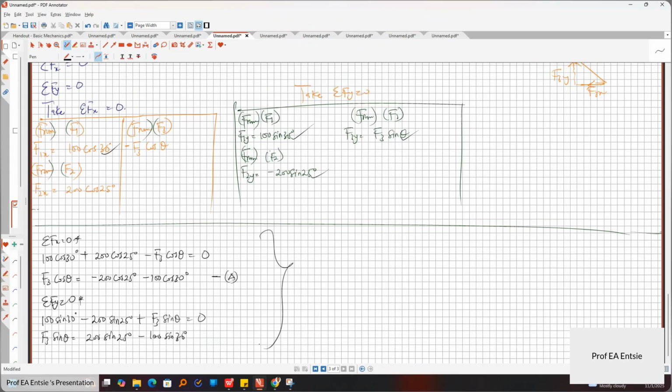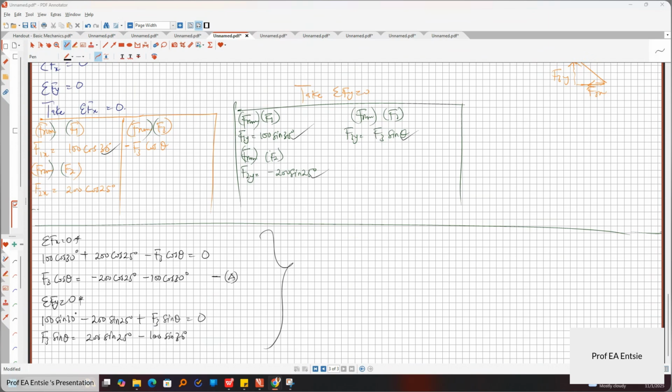So you ask yourself, this minus 200 cos 25, then that minus 100 cos 30, what value does it give? So you punch it nicely: minus 200 cos 25 minus 100 cos 30.